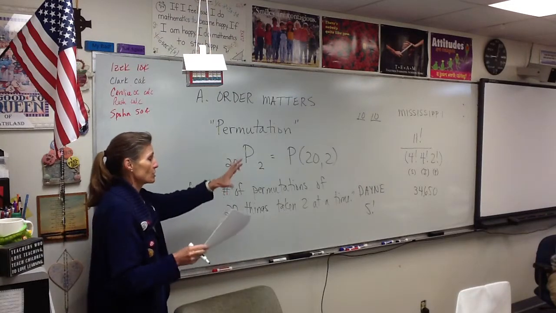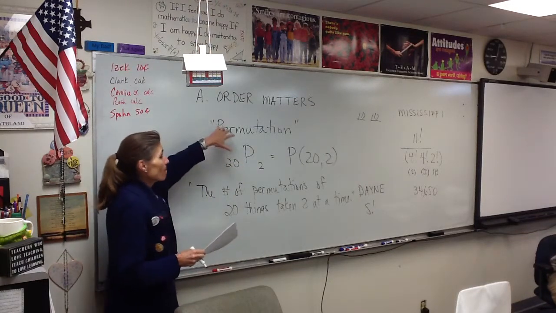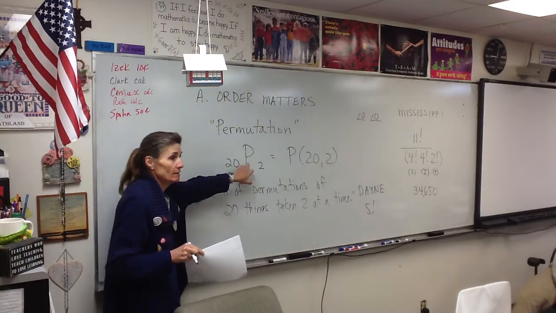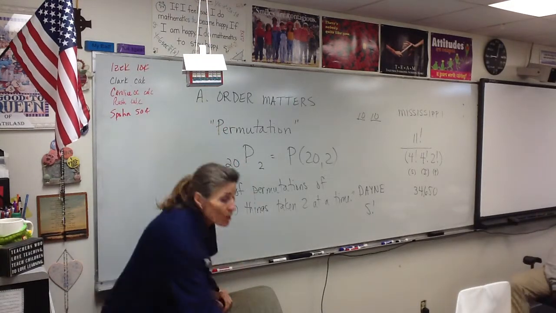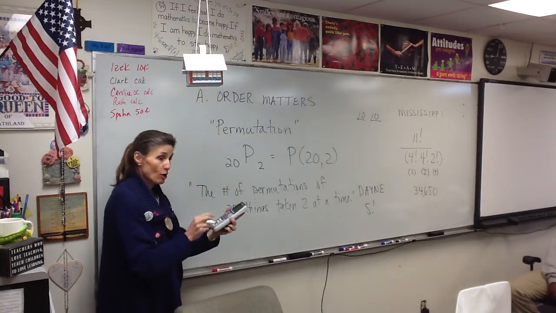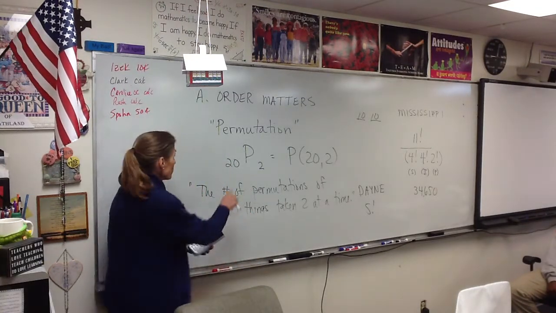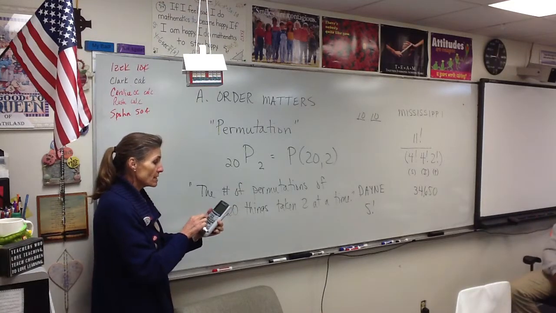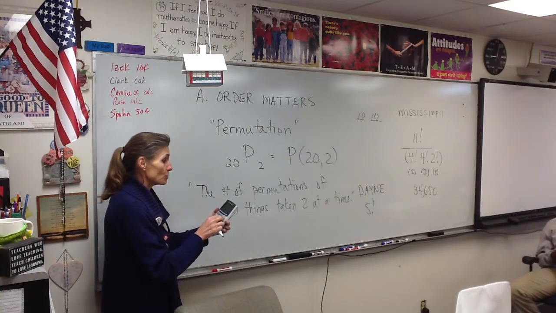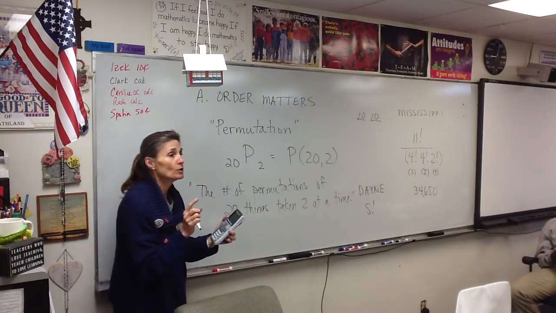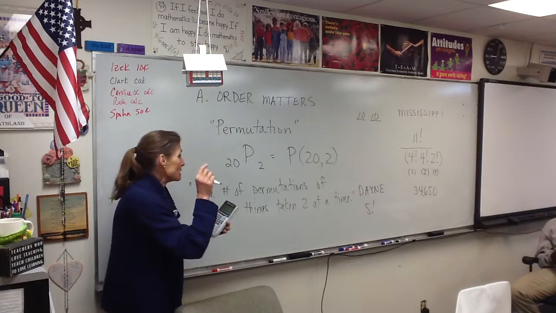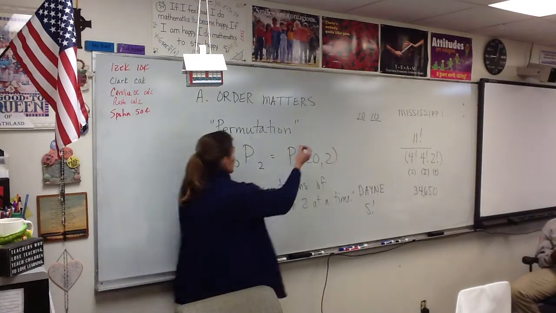We're going to do some more. Let's just hang loose here for a second. Permutation. Order matters. P. On your calculator, I want you to type 20, and then go into your math prob menu just like you were going to do the factorial symbol. On my calculator, it's the second one down.